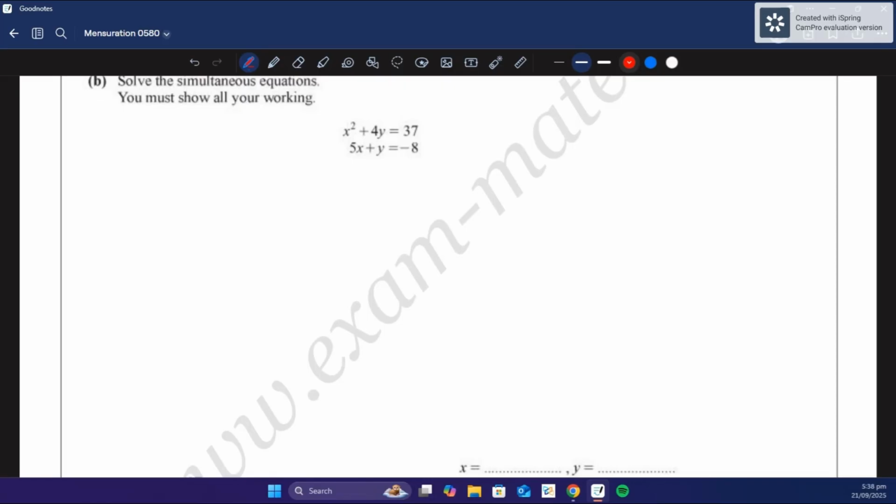That would mean multiplying the below equation by, let's say, 4. So we have 4y common. That would make this 20x plus 4y is equal to minus 32. Now we could simply equate.